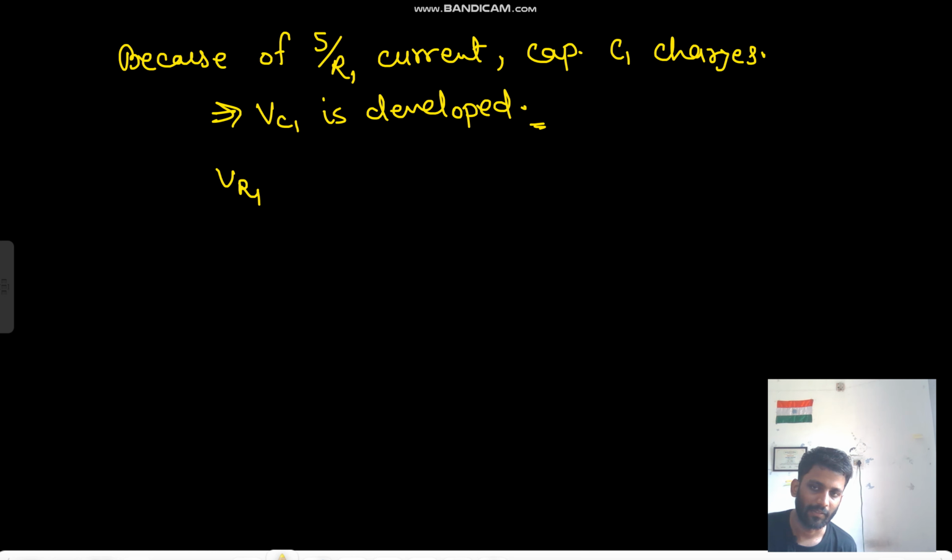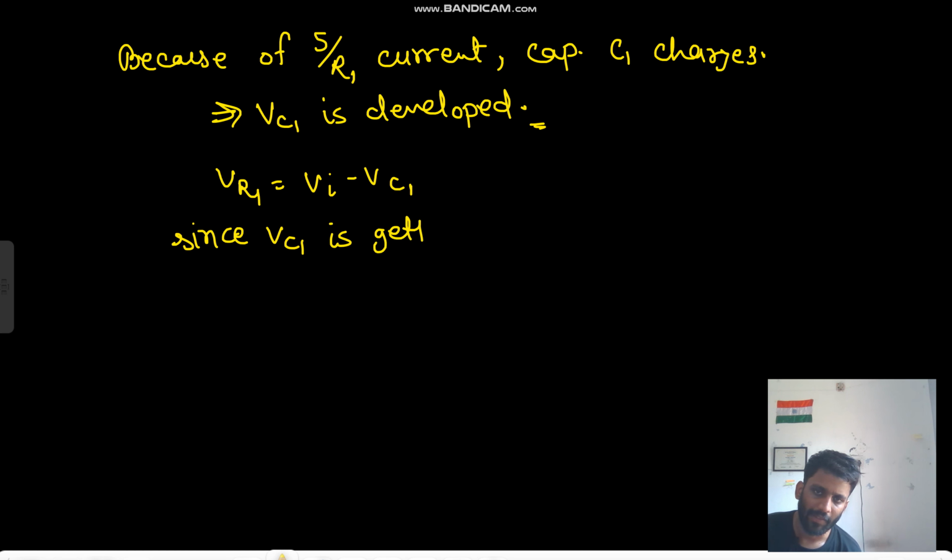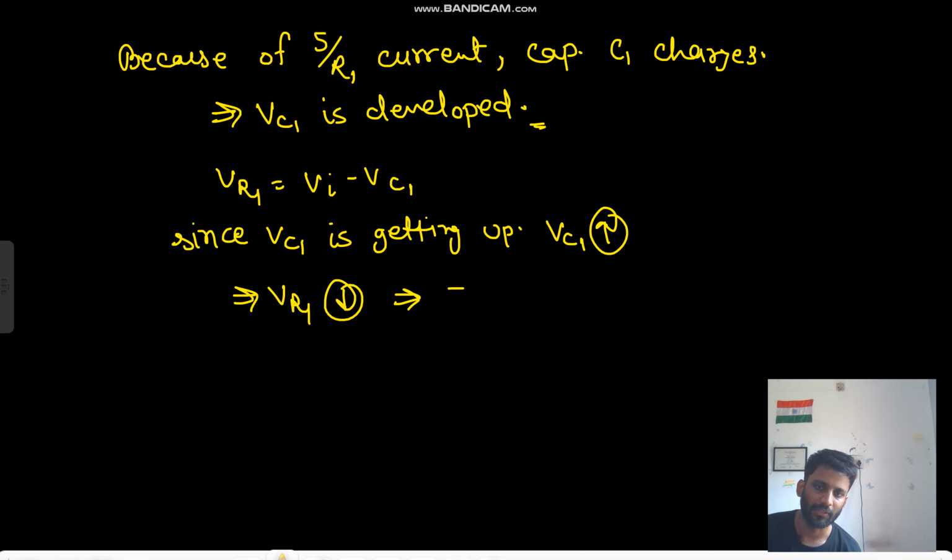And what is VR1? VR1 is Vin minus VC1. Since VC1 is getting up, your VR1 goes down, and that means your IR1 goes down, but it is still positive.